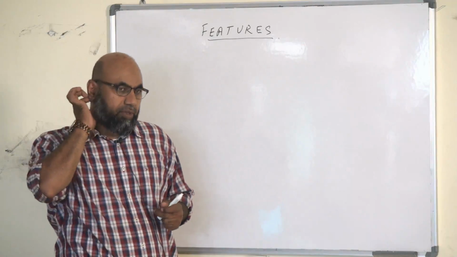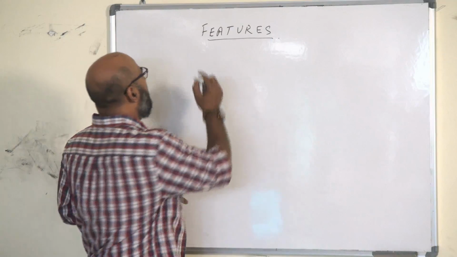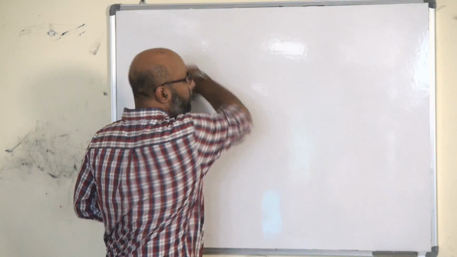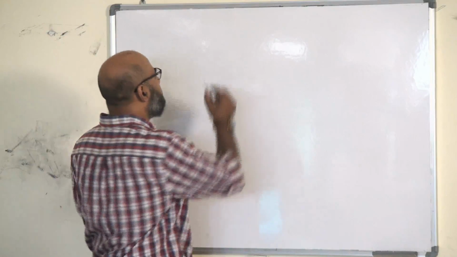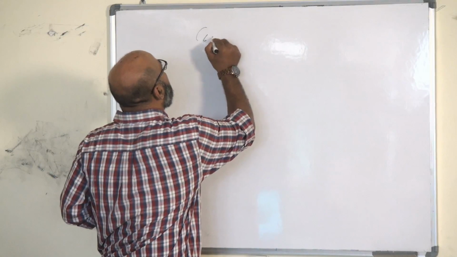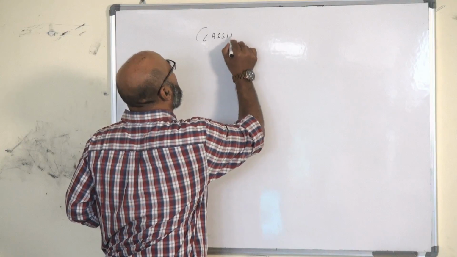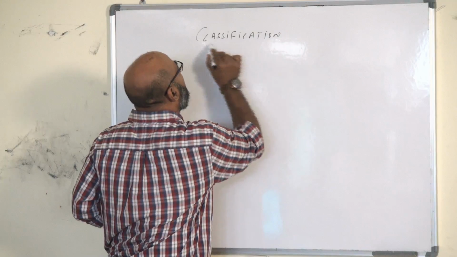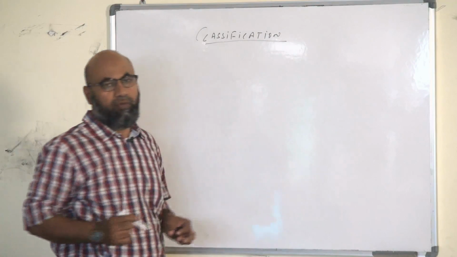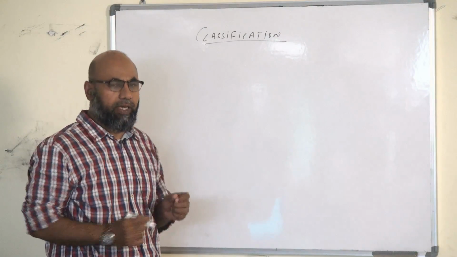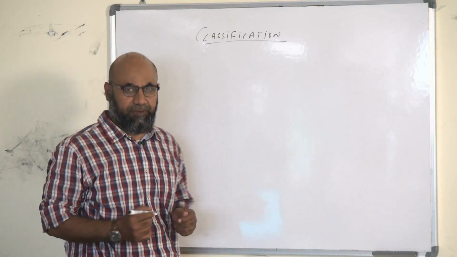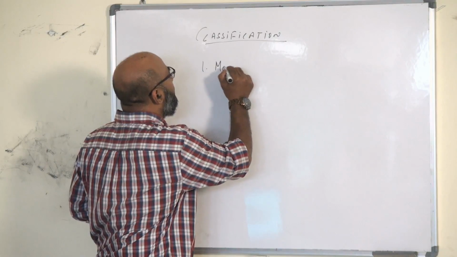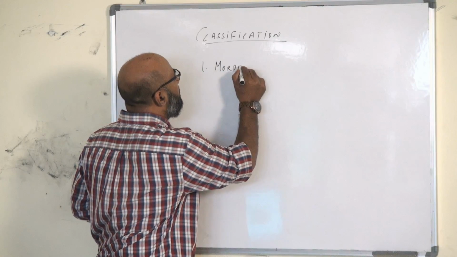Now coming next to the classification of fungi. Fungi are basically classified in three ways. Number one is the morphologic.